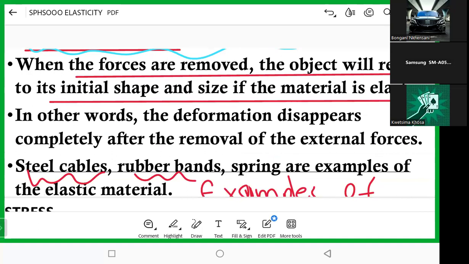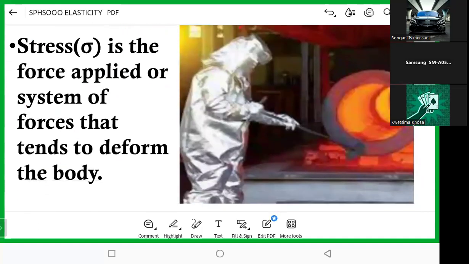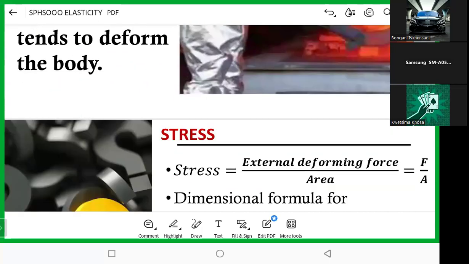Then we have what we call stress. Stress is the force applied, or system of forces, that tends to deform the body. It is force per unit area.